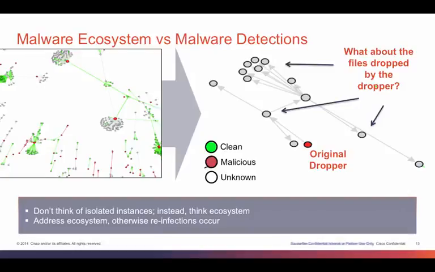With traditional technologies, if you've got your AV in place, it may detect the malicious payload, but companies will spend a lot of time trying to figure out why the infection keeps coming back. With our solution, we're able to give them that visibility as well as give them the ability to take immediate action.